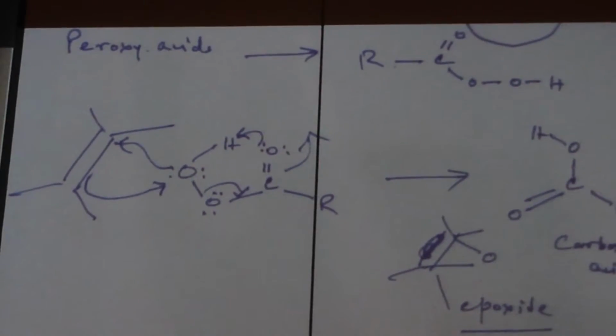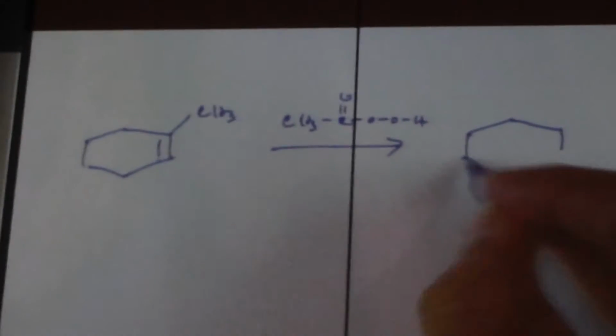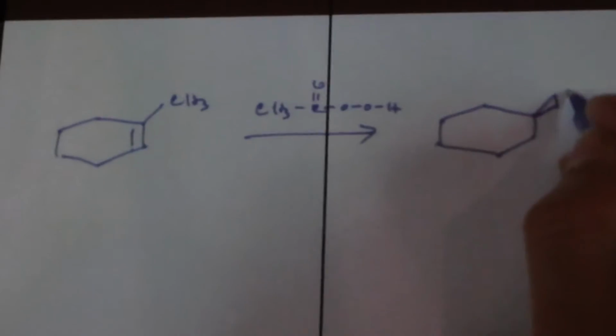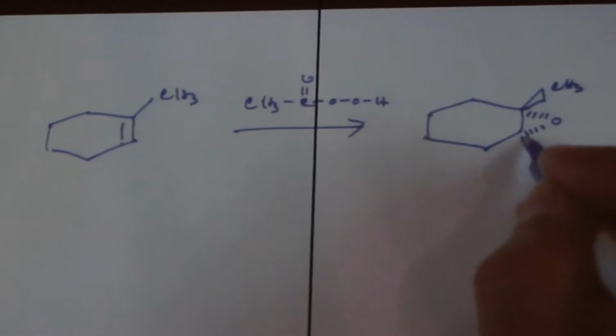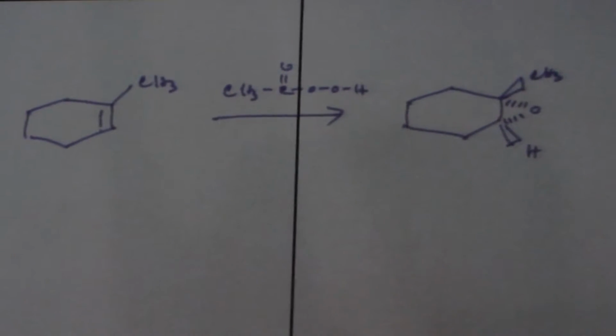So as an example, if you use the same one that we used before, this is a fairly straightforward reaction in which we can get an epoxide like this.